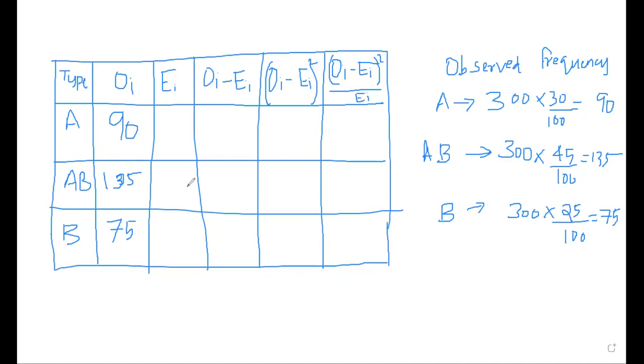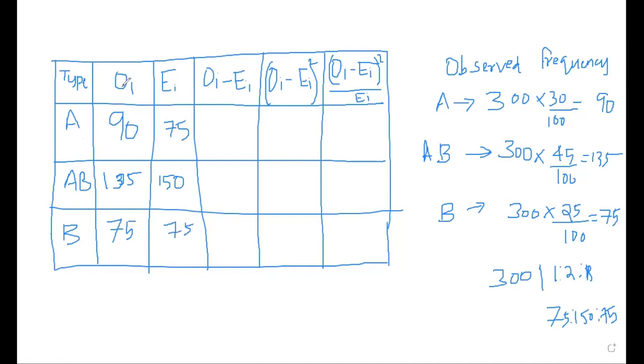Then what are the expected frequencies? The ratio is given as 1:2:1. Sorry, I said 1:2:3 earlier, but it is 1:2:1. The total is 300, so the expected frequencies are 75, then 150, then 75. 75 plus 150 plus 75 is 300.